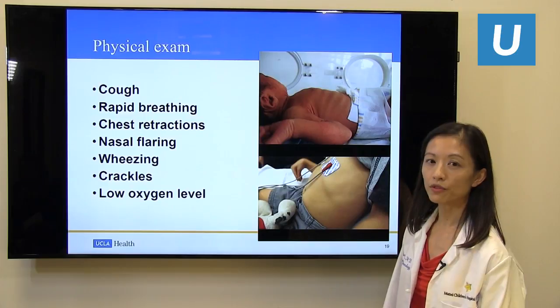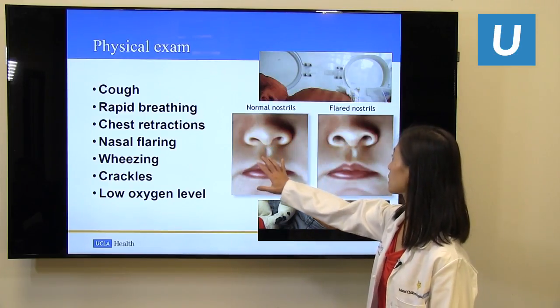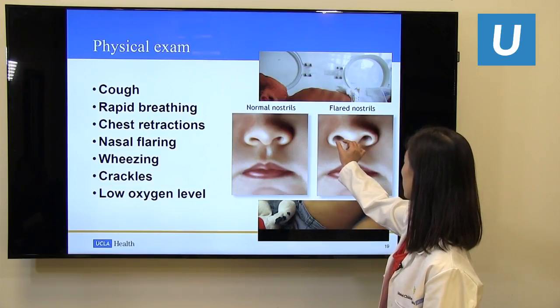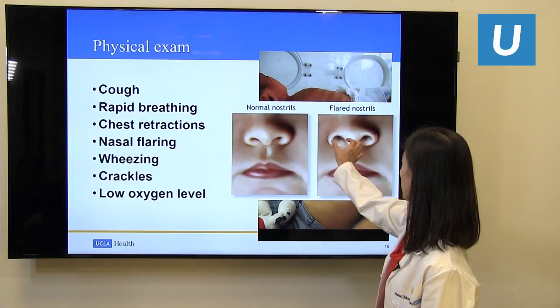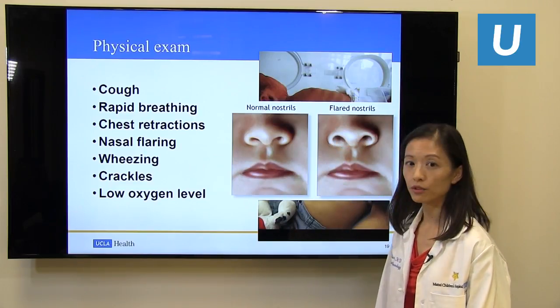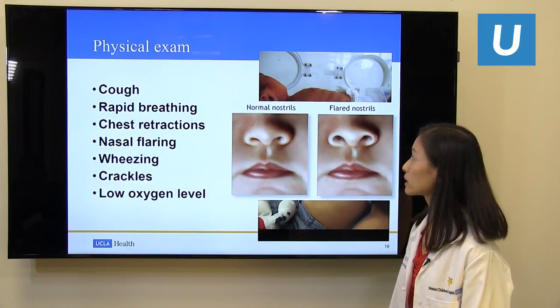And there's also nasal flaring. And nasal flaring, as you see here, this is normal nostrils and flared nostrils. In nasal flaring, the nostrils are wider and more open. And then they can have wheezing and crackles that you hear on lung exam and possible low oxygen levels.